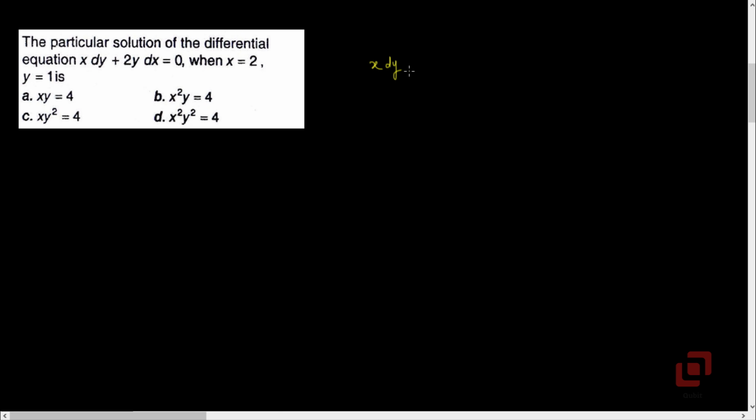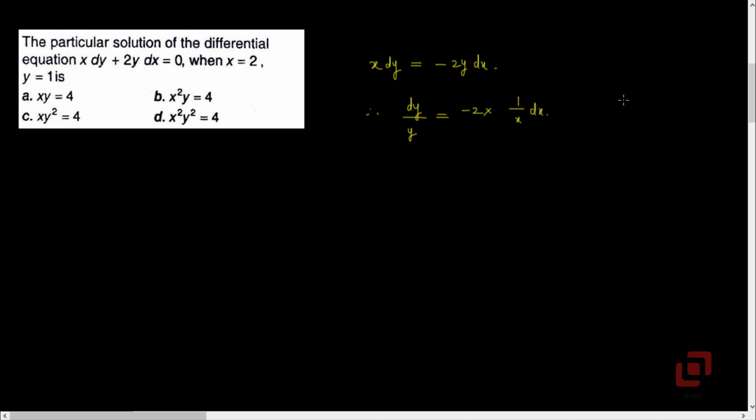Differential equation is x dy plus 2y dx equal to 0. Let me shift 2y dx to the other side. Let us now shift x there and let's bring y to the left hand side. So we will get dy by y equal to minus 2 into 1 upon x dx.